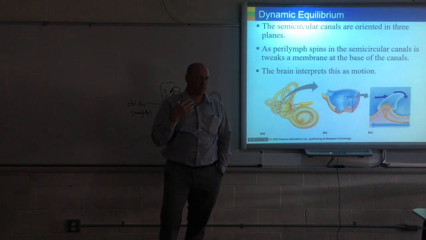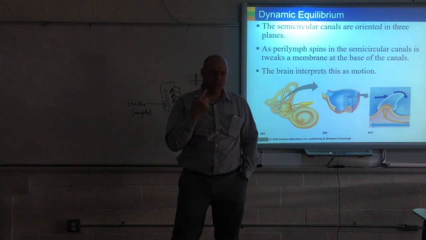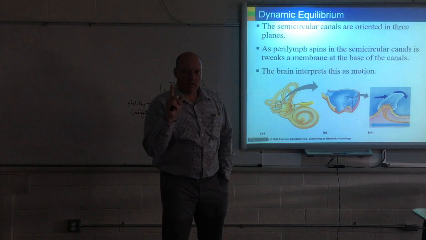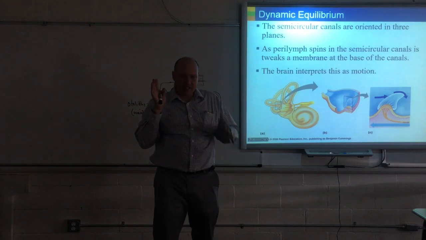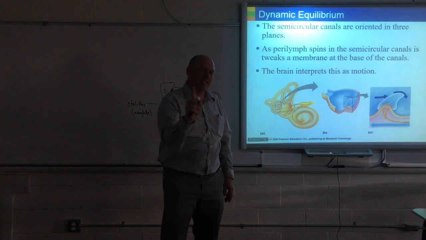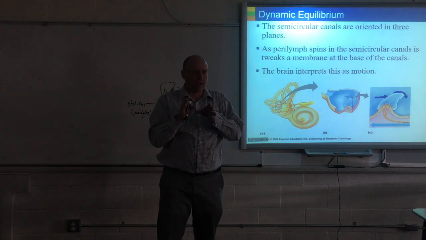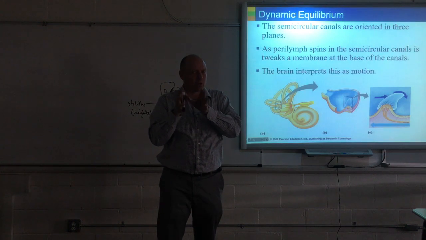Now, how do you make yourself dizzy? When I spin in a circle, the perilymph starts to spin. And then if I stop abruptly, the perilymph continues to spin. And my brain is told that I'm in motion in that moment. So there's this message to my brain that goes, you're in motion.